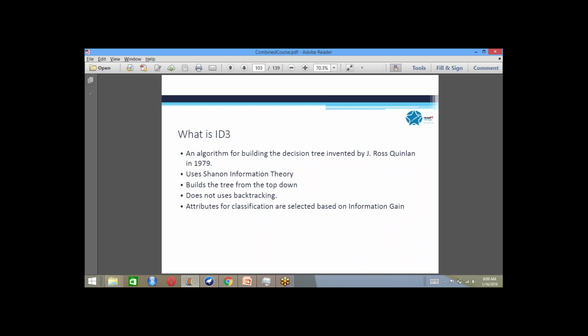So what happens in this is basically we go across the whole sample and try to identify how you can build a tree top down based on the notion of information gain. This is a concept from information theory, which is based on the notion of entropy.